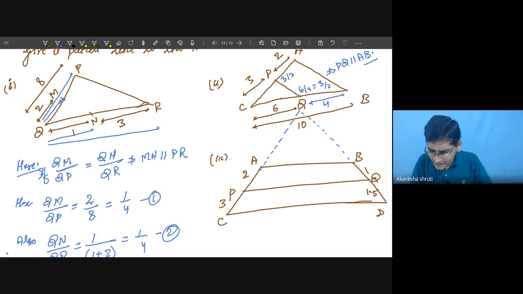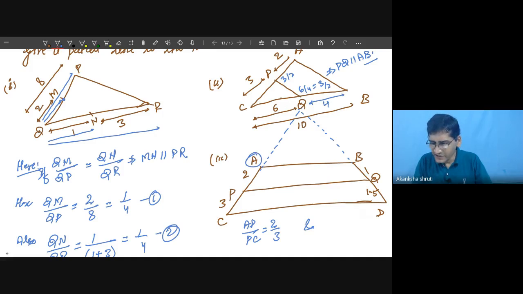So again you have to take the ratio, whether you take the bigger ratio with respect to P or with respect to A, that doesn't matter, or whether you are just taking AP by PC, this is our 2 by 3, and again on the other side you need to take the ratio.